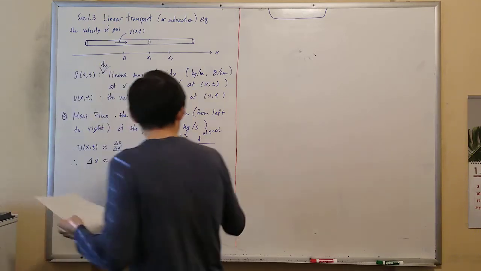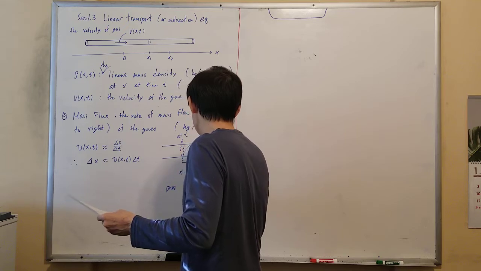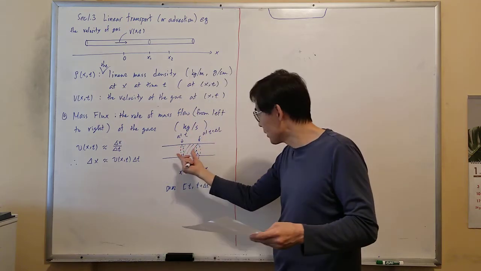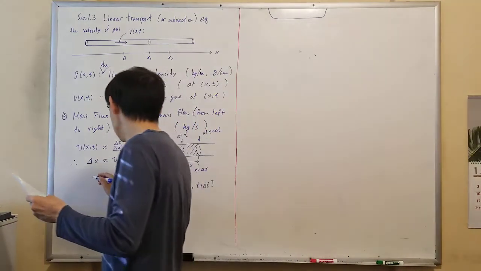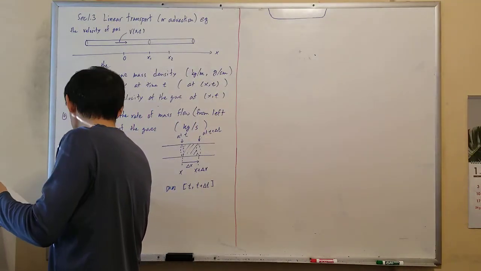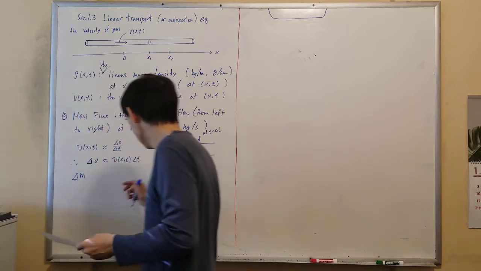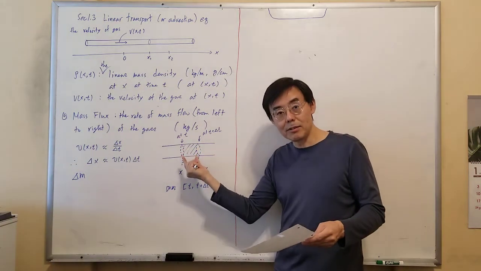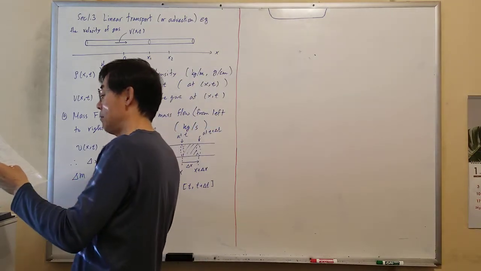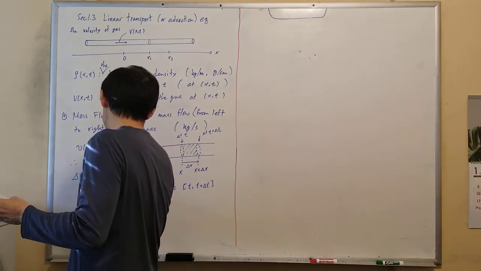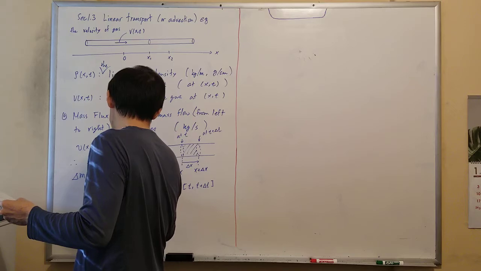Now, what is the mass on this short segment? The total mass, delta m, within this short segment of length delta x: how much is the mass? Delta m is rho of x,t times delta x.